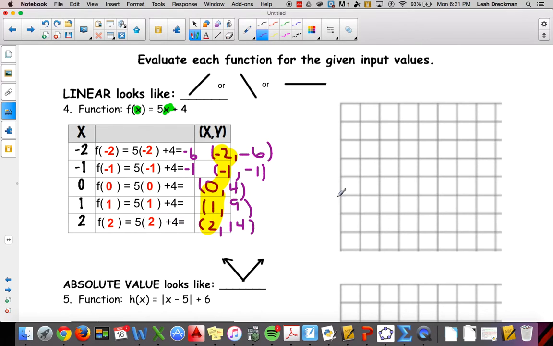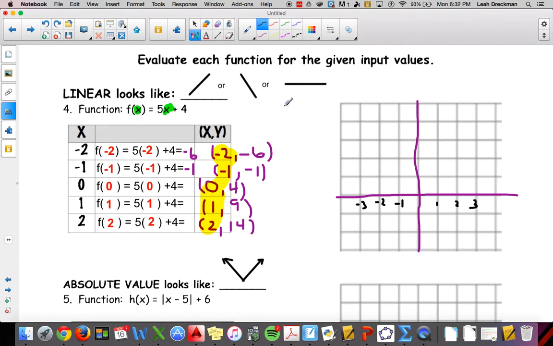So I'm going to try to put my x-axis a little above the bottom of the graph. That way I can get some of those negative outputs on my image here. So x-axis we can scale by ones: 1, 2, 3, and then going backwards, -1, -2, -3. And I think I said outputs, I'm sorry. Inputs scale by 1.